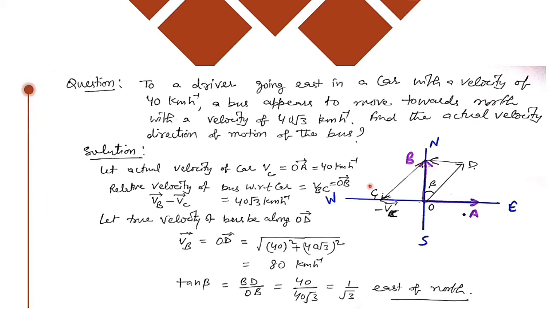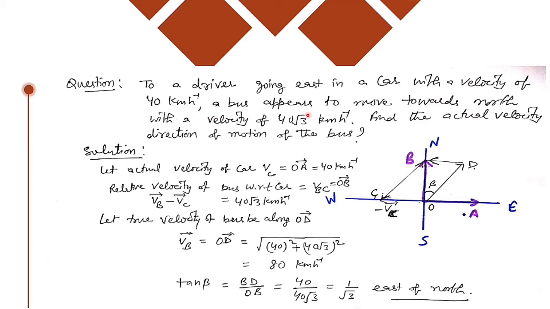Similarly, one more question is there: a driver is going east in a car, it means the person is moving towards the east direction. Again, north, south, east, west should be clear to you. The person is moving in the east direction with a velocity of 40 km per hour.